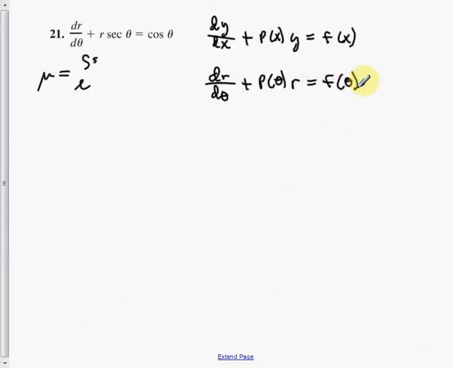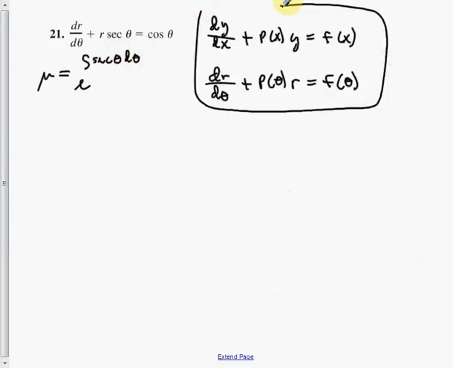Right? So here our p of theta is this secant theta. So this is e to the integral of secant theta d theta. And so mu is, that integral of secant theta d theta is the natural log of the absolute value of secant theta plus tangent theta.